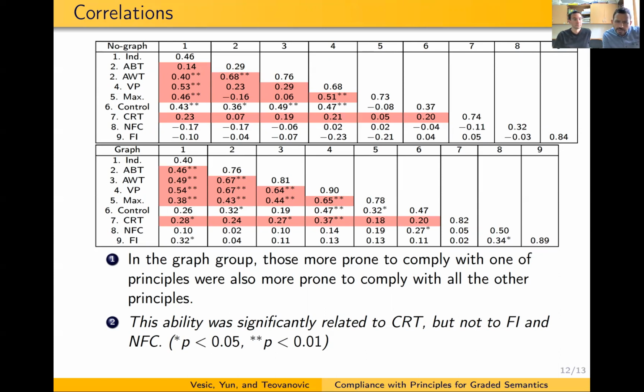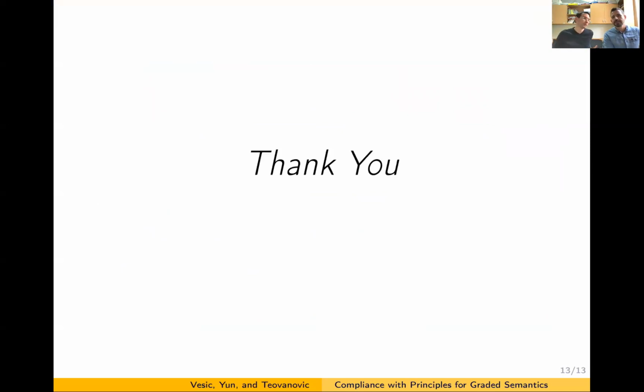We also have this result that tells us that only in the graph group, correlation with cognitive reflection was significant with different compliances, and for faith in intuition and need for cognition, those correlations were not significant in either of the two groups. We have so much to say, but no time.